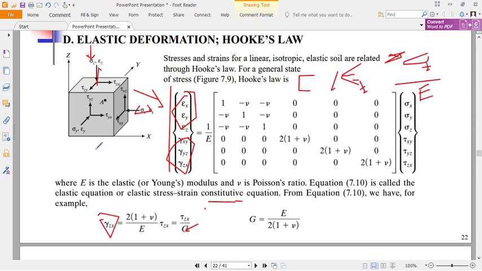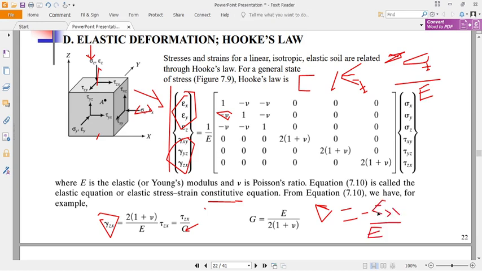Now, if you remember our Poisson ratio, the Poisson ratio is equal to the negative of the strain in one direction divided by the strain in the loaded direction. Let me go back and explain a little bit here.